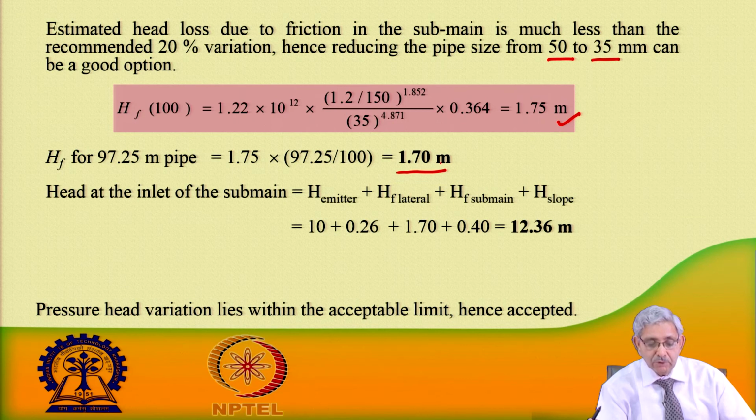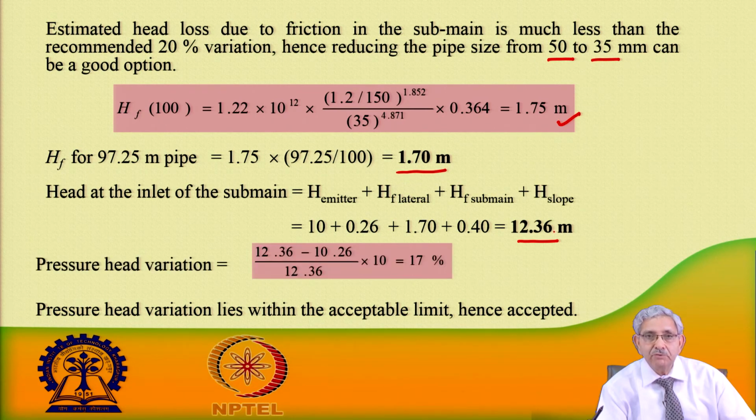Now, we work out the head requirement at the inlet of the submain after reducing the pipe size. Initially we were getting 10.26, now it is 12.36. Let us see how much pressure variation we are getting. Now we are getting 17% pressure variation, which is also within the permissible limit. So, we can reduce the cost of the submain pipeline if we go for a 35 millimeter pipe size.